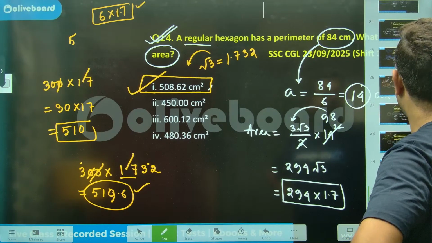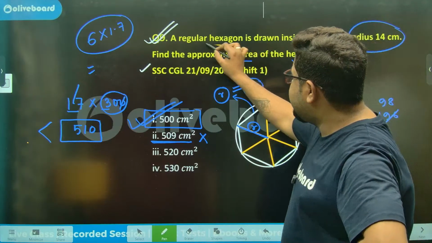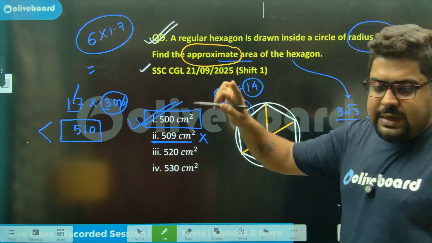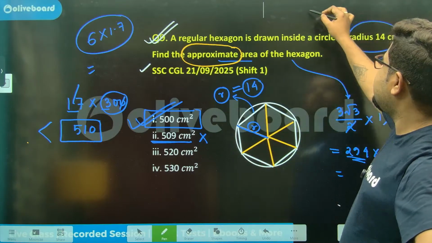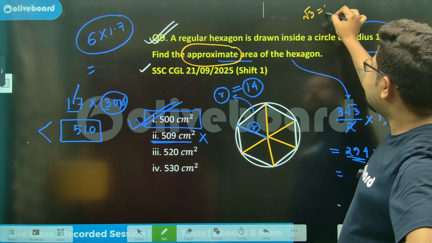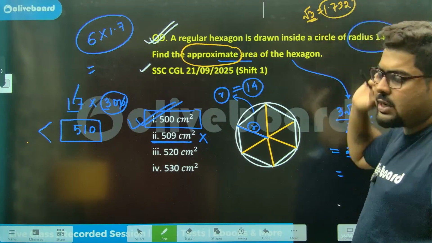Because they have not mentioned, they are only saying approximate. Approximate till how many places? Generally the root 3 value is 1.732, and this is also an approximate value because root 3 is an irrational number.